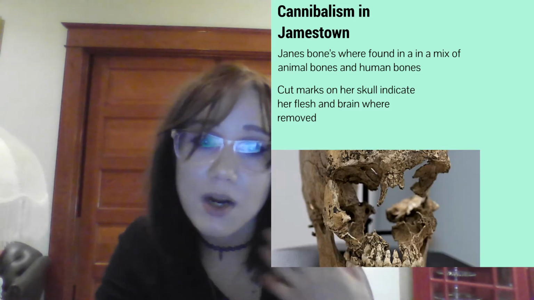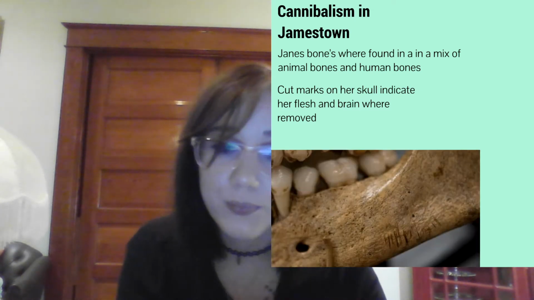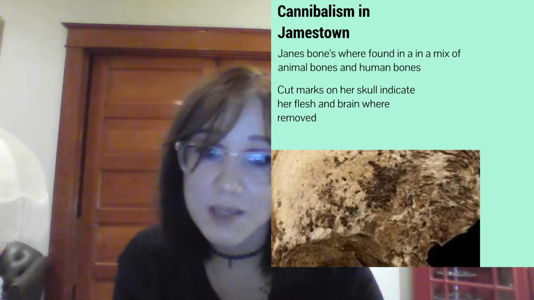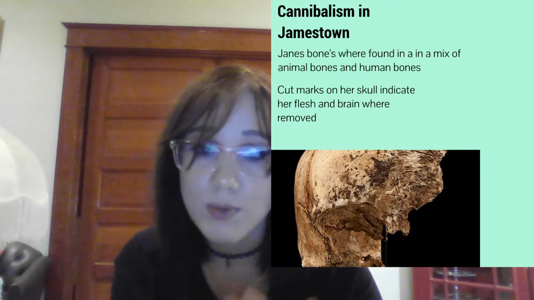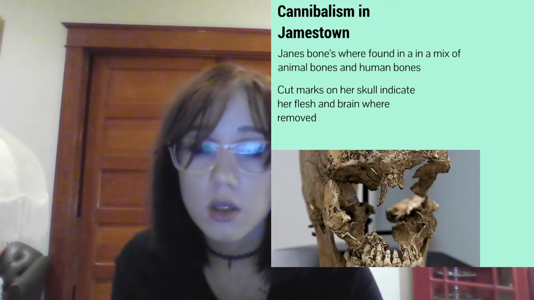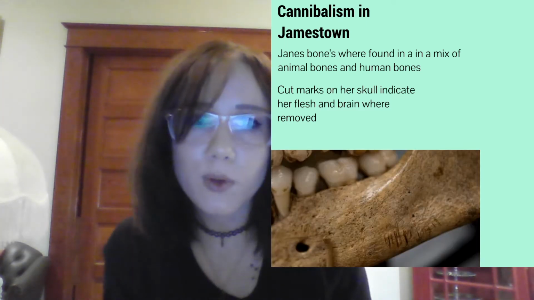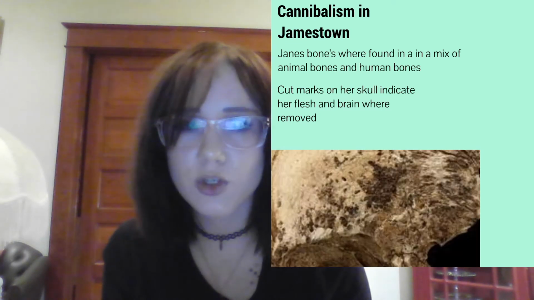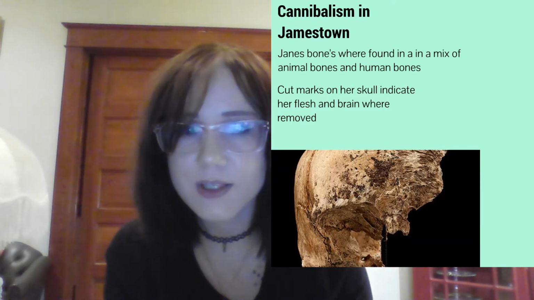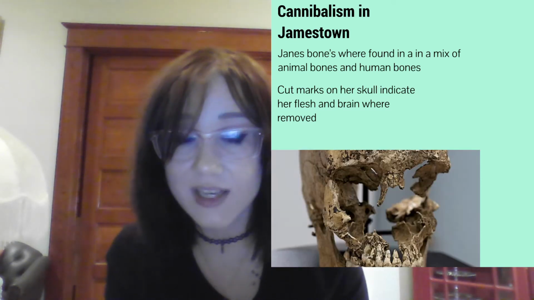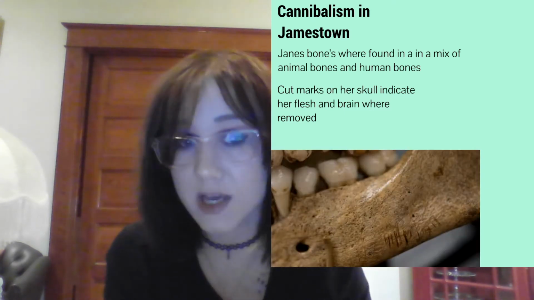It was the cut marks on her skull that indicated that flesh had been removed and that her brain had been removed for consumption. Now, there were rumors from journals found in Jamestown, but this was the first concrete, hard evidence of cannibalism in Jamestown.